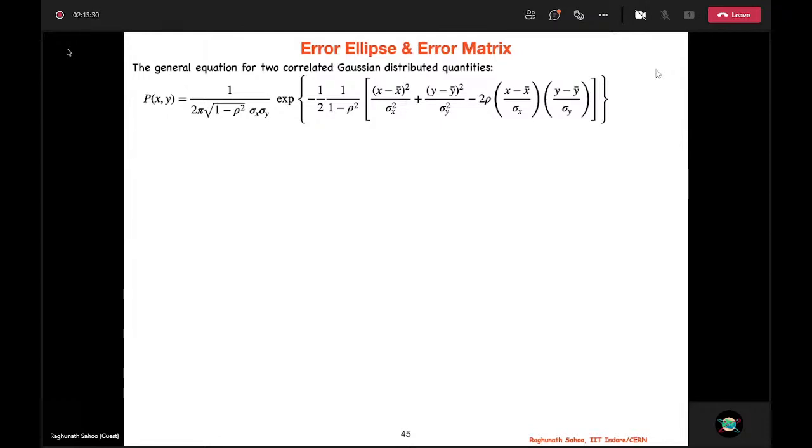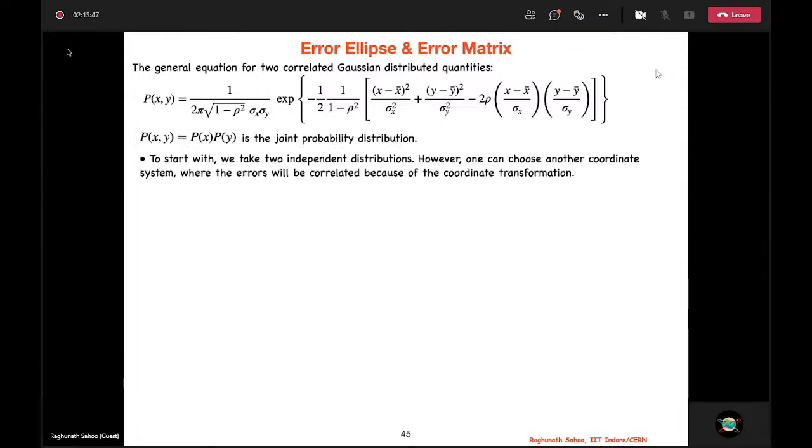The general equation for two correlated Gaussian distributions: we can write Pxy in this form, where I have introduced rho, the correlation coefficient. Now Pxy is Px multiplied by Py because it's a joint probability, and to start with we take two independent distributions. However, one can choose another coordinate system where the errors will be correlated because of the coordinate transformation.